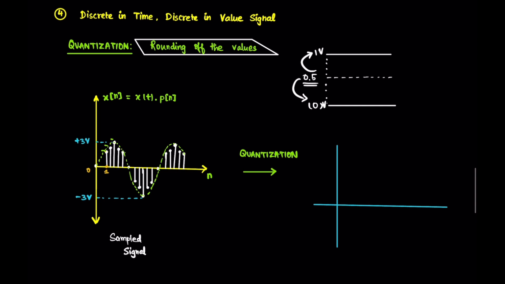Now the first value is 0. 0 is 0. So you mark 0 here. And the next value is 1.5. Now as per quantization rule, if we are given a value of 1.5, it should be rounded off to 1. So at this point it is 1 volt. The next point is 2.4. Again we are going to round it off to 2.